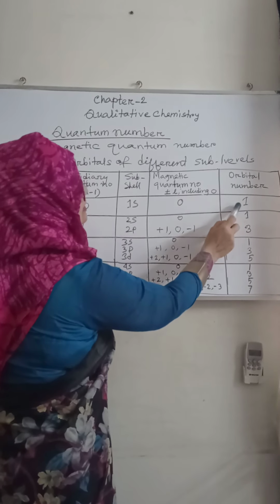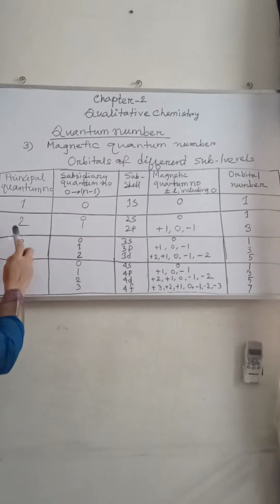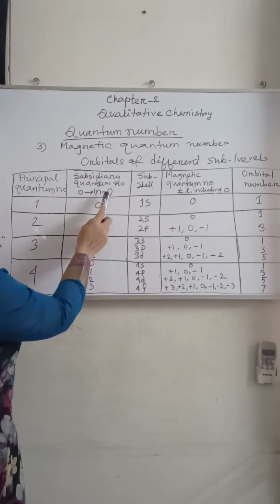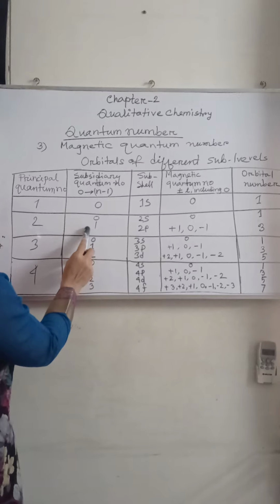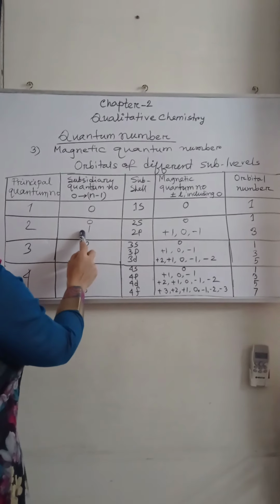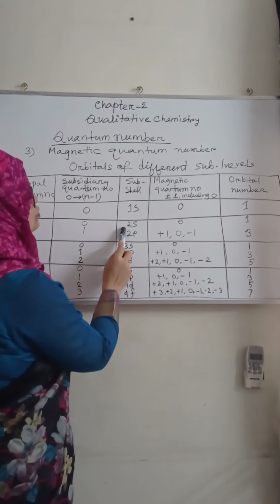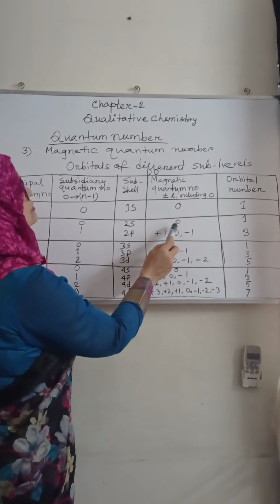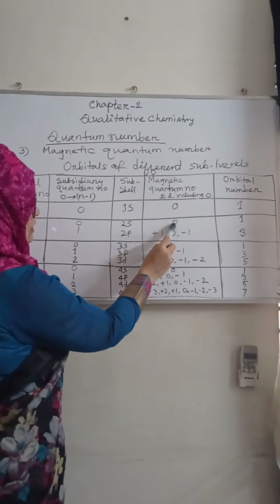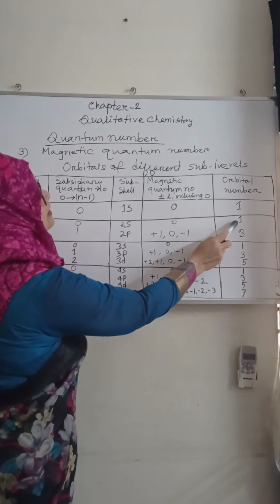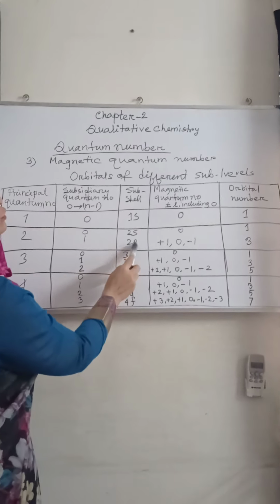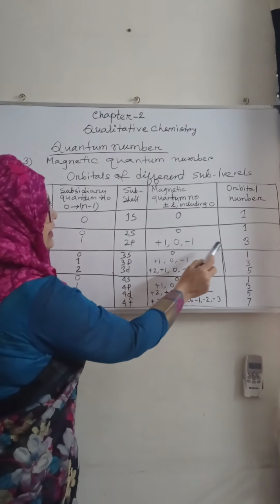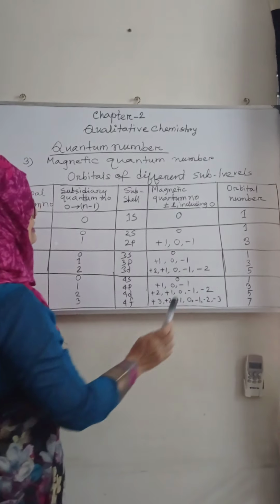That's why the orbital number is also 1. And when n equals 2, we get 2 values of L, and the sublevel names are 2s and 2p. For 2s, we get only one value for m, that is orbital number 1, and for 2p, we get 3 values of m, and the orbital number is 3.